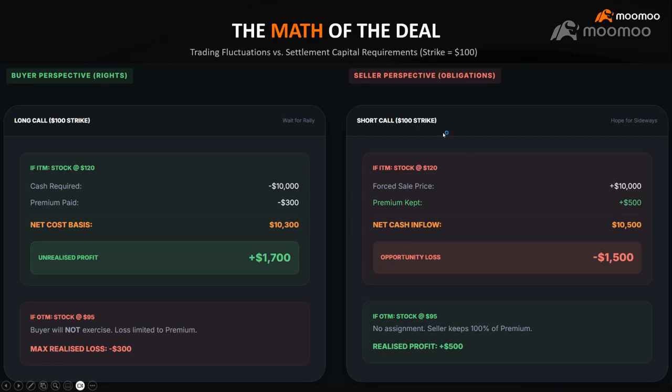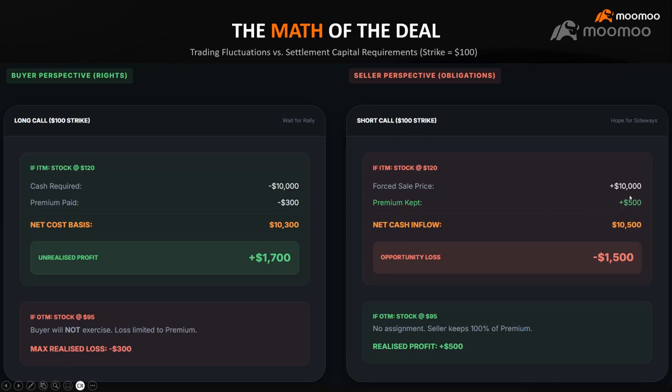Now if the stock is trading at $120 and you are shorting at $100, you are losing money, right? Because you need to buy at $120 to close the position. Because you shorted at $100 and now it's $120, you are losing money.